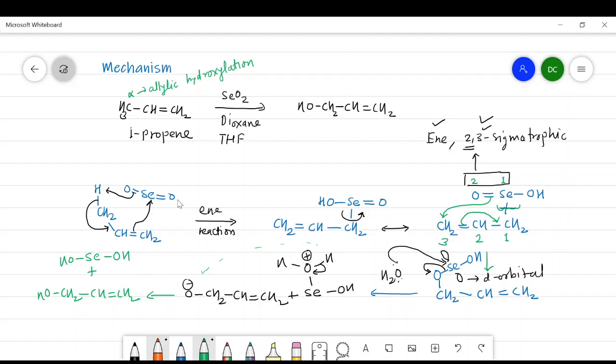In this way, the oxidation in presence of SeO2 is happening, and in that process the CH3 group is converted into CH2OH. It is called allylic hydroxylation, but this selenium dioxide is converted into selenium dihydroxide, and therefore we have to convert this selenium dihydroxide back into selenium dioxide.